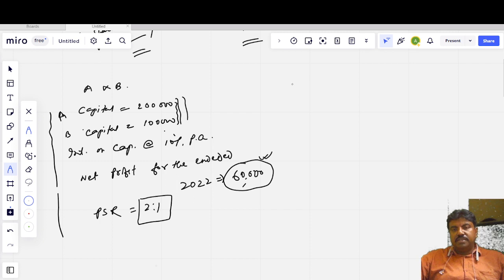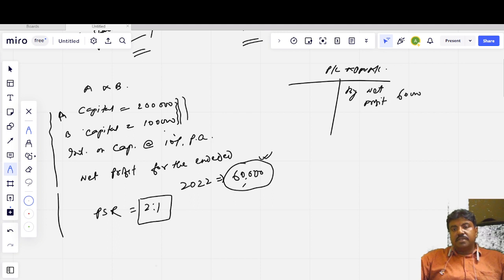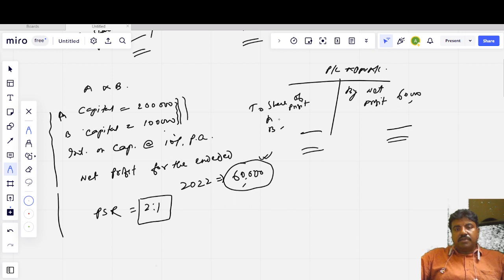They simply took the entire net profit, which is 60,000, and without considering the interest on capital, they distributed it among them as share of profit. So in the ratio of 2:1, A took 40,000 and B took 20,000. So that was the distribution.